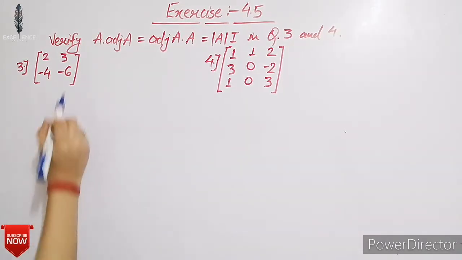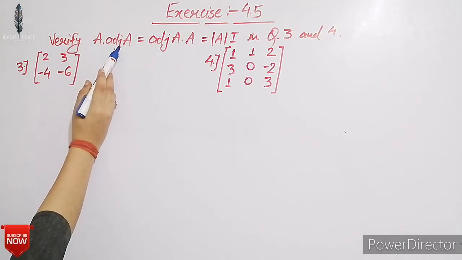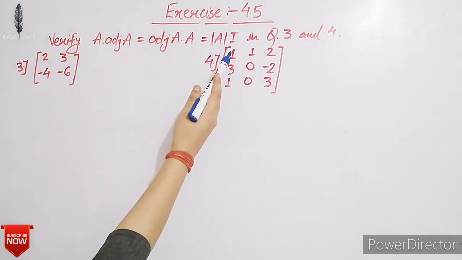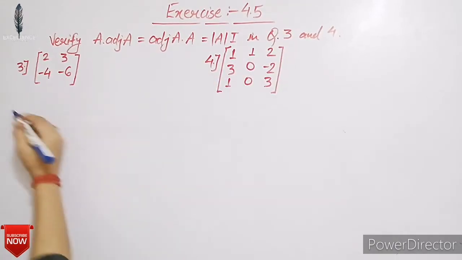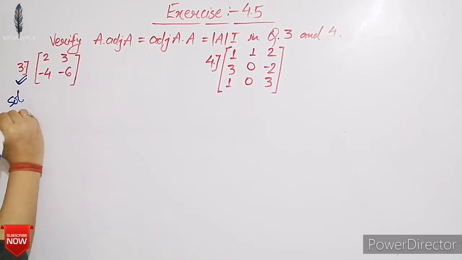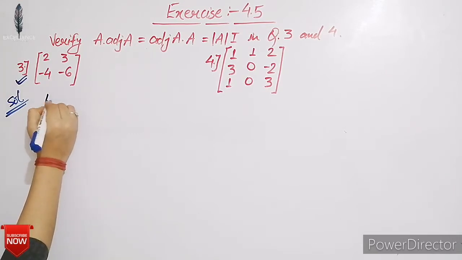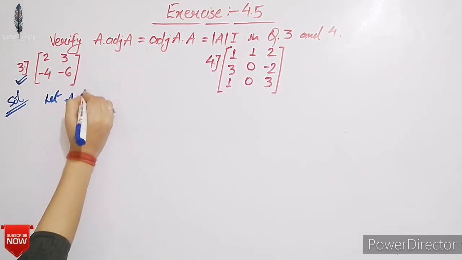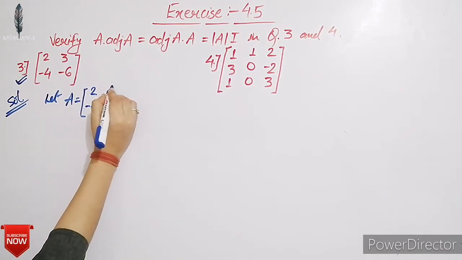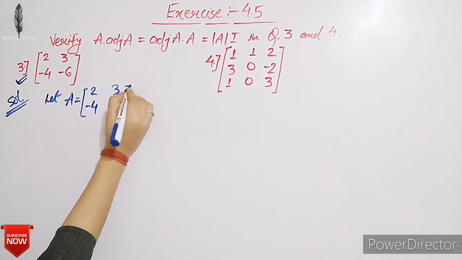Here we have to verify A into adjoint A is equal to adjoint A into A is equal to determinant of A into I in third and fourth. Let's solve the third question. Let A equals to 2, minus 4, 3, minus 6.